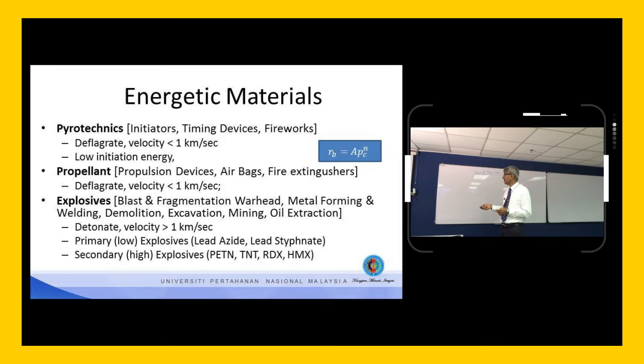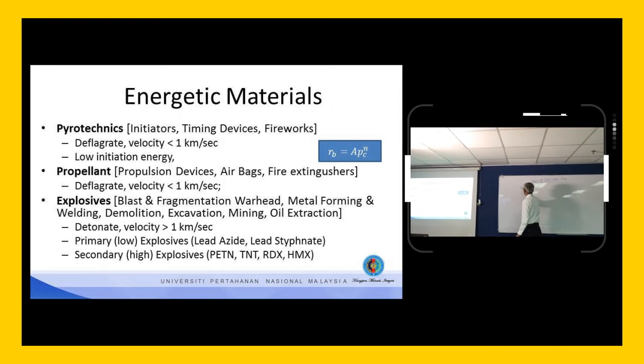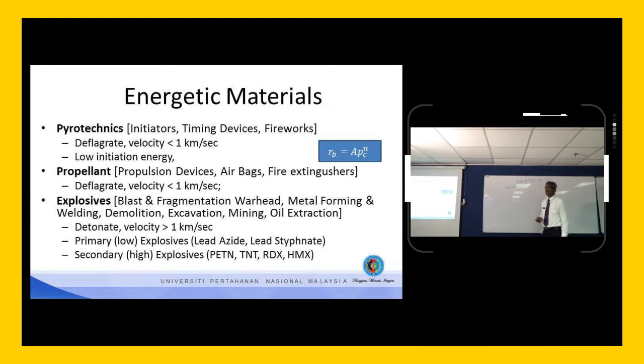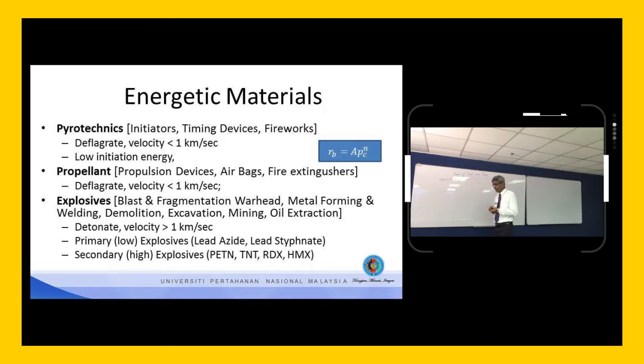Now, one introduced was composition B. Composition B was 60% RDX and 40% TNT. Sometimes they call it 1% wax also in this one.